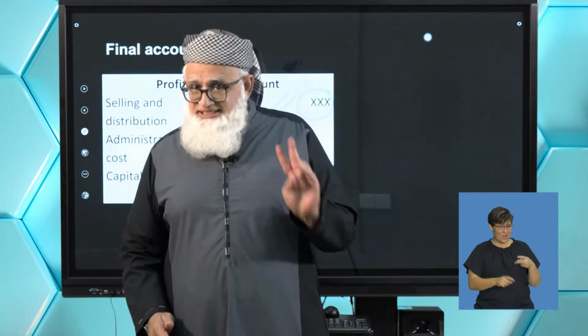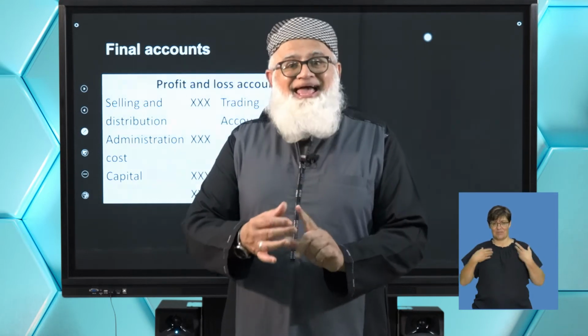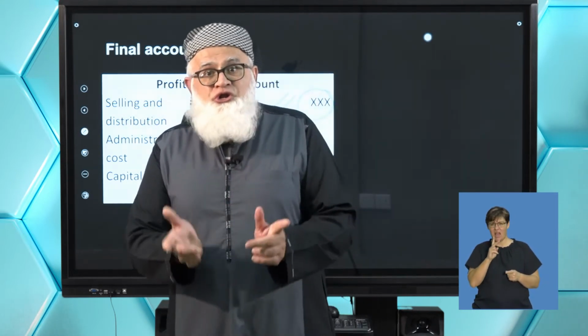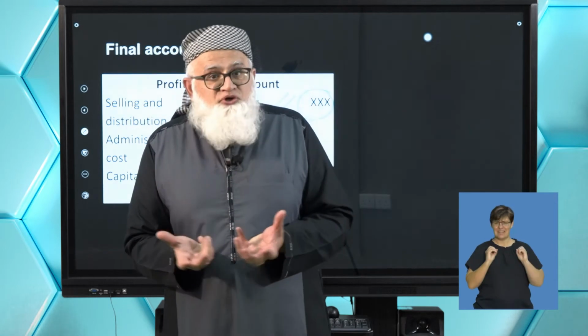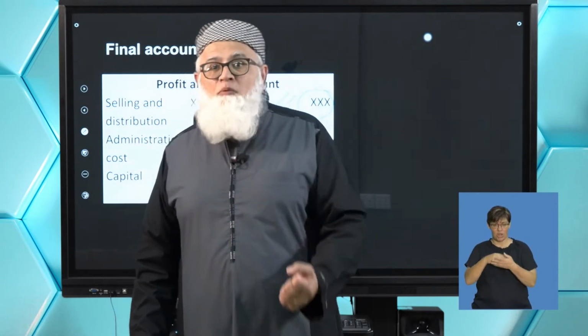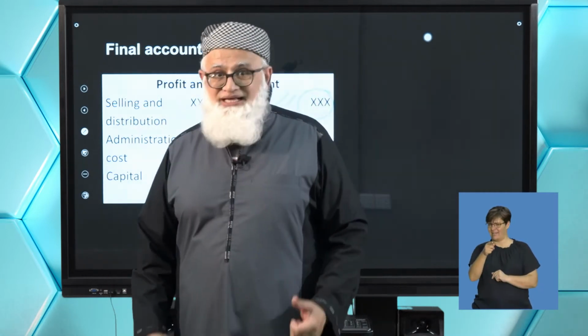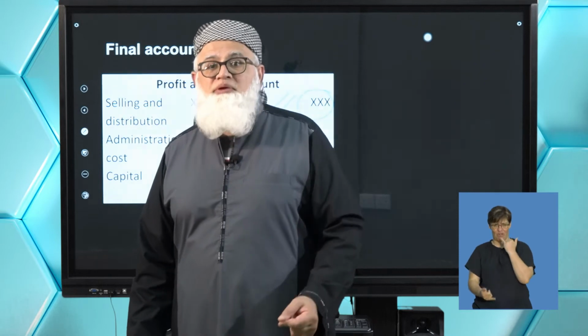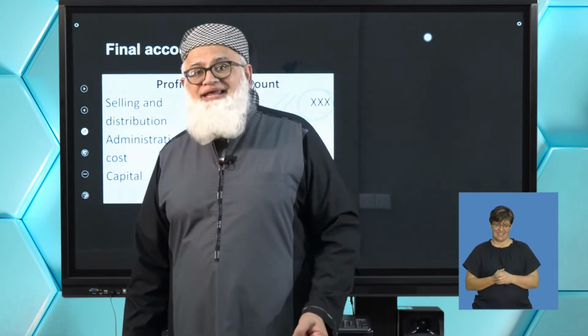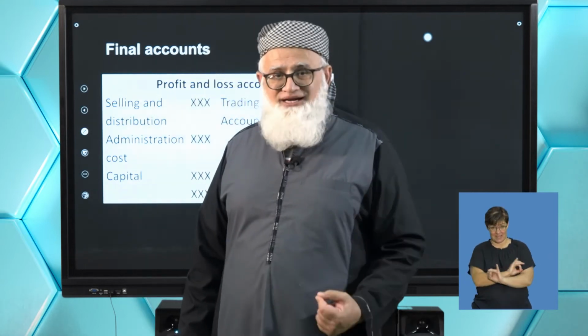Now, in my profit and loss account, do you remember the two cost components that we transferred? Certainly you should. What are they? Selling and distribution and admin cost. Notice, nothing to do with production. Clear? Therefore, if you now bring in a production cost into the profit and loss account, definitely it will not only be marked wrong, but it will also carry a negative, because you will be penalized for bringing in a foreign item.